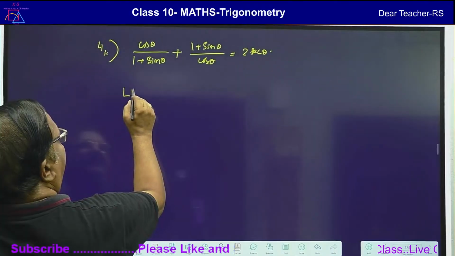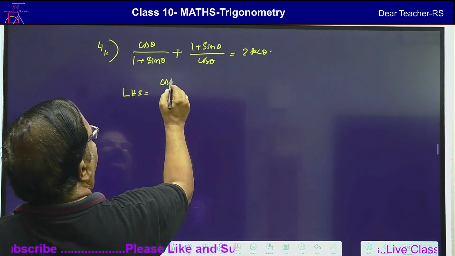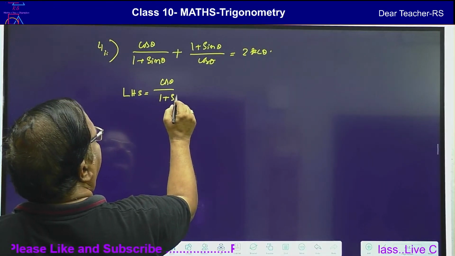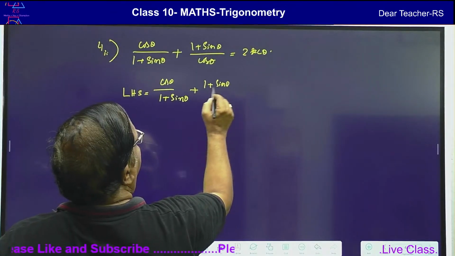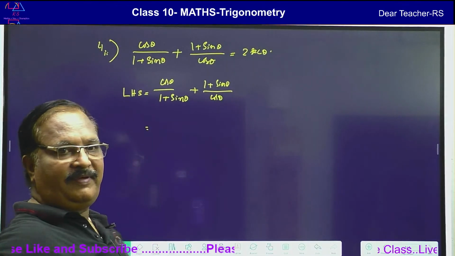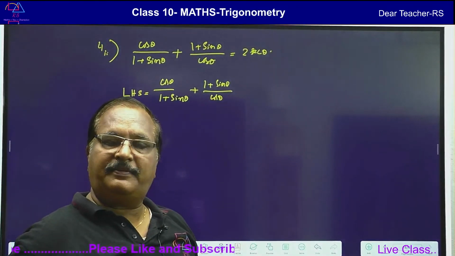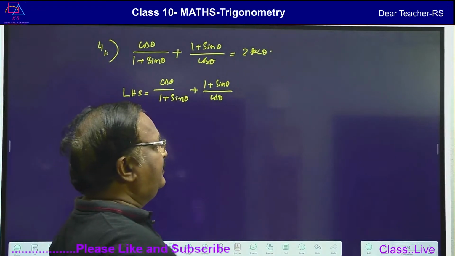Left hand side is equal to cos theta by 1 plus sin theta, and 1 plus sin theta by cos theta. अभी इसको एलसीएम लेना ही पड़ता है. When there are fractions you have to take LCM and do fractional addition.